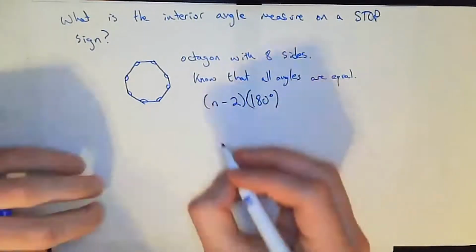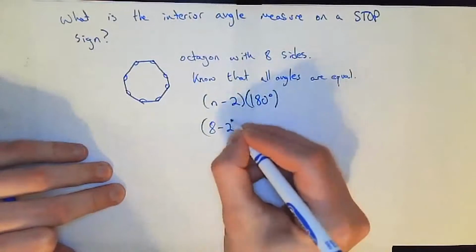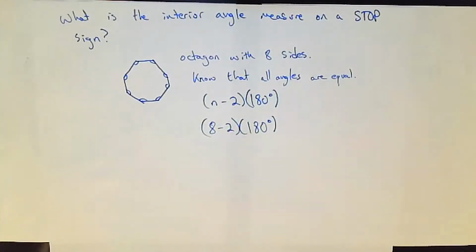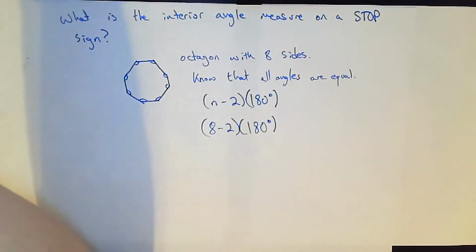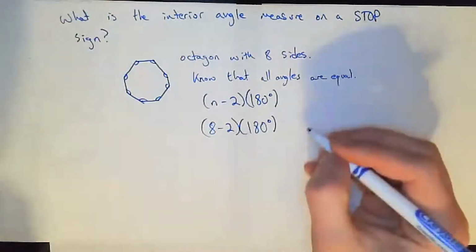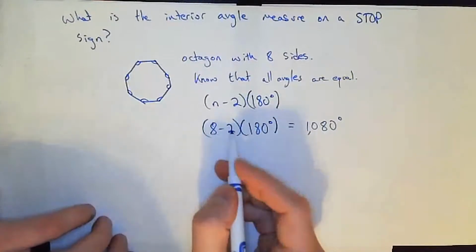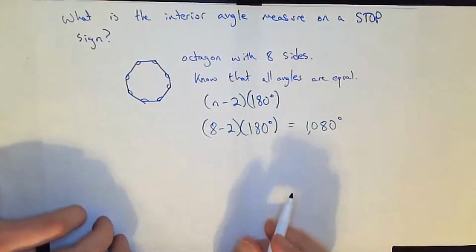N is 8 here. So I have 8 minus 2 times 180 degrees. We can just pop that into the calculator. We'll get 1080. Just remembering our order of operations, subtract in the parentheses and then multiply.